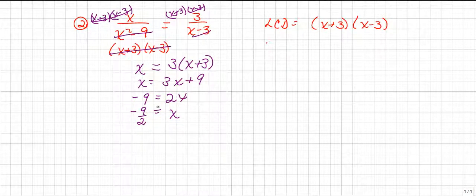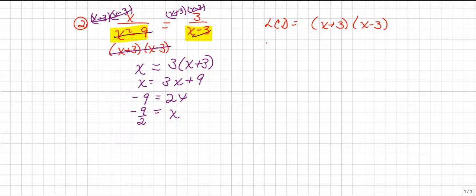There's a little catch on these problems, which I'll show you on the next example or two. When you examine the original problem, what I like to do is look at the denominators and think, what value of x would cause those denominators to equal 0? Well, in this case, if x equaled 3, the denominator would equal 0, or if x equaled negative 3.